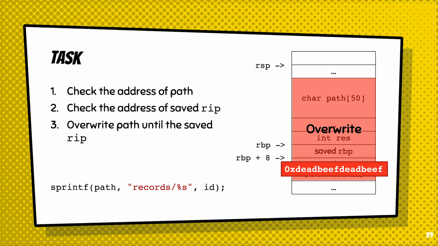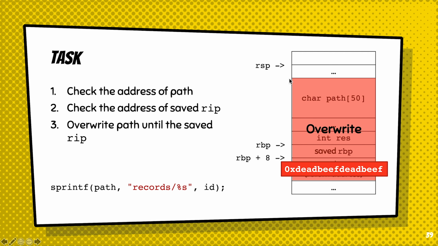And then the second is to check the address of the saved RIP, which is the destination, or say the target address that we want to overwrite. Then we can take advantage of sprintf, this specific statement, manipulating ID so that we can copy paste the string longer than 50, and it will extend from the start of path to the end of the saved return address.